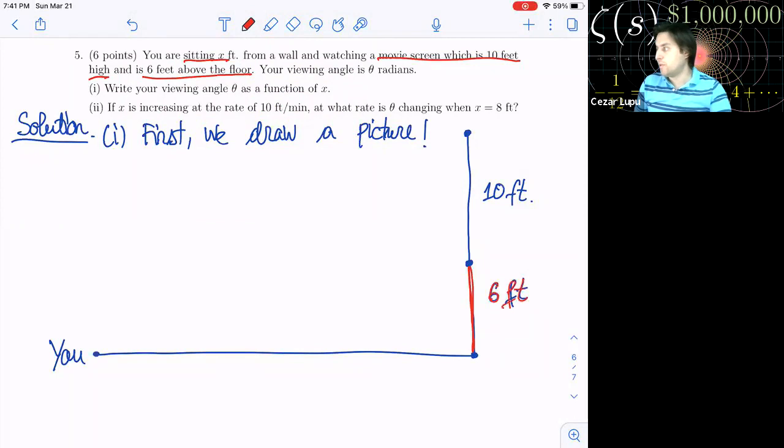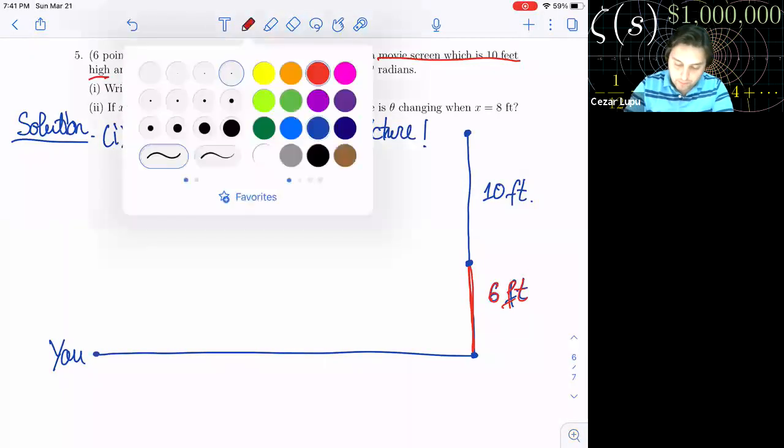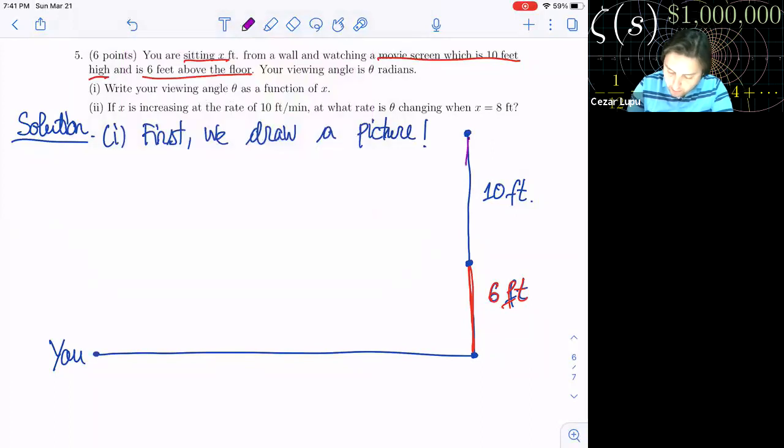And the movie screen, this is the movie screen. This guy here is 10 feet. All right, great. And we're sitting there.